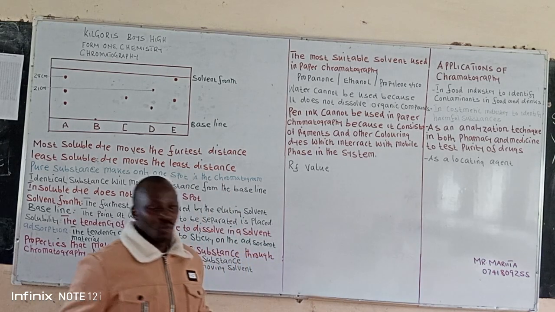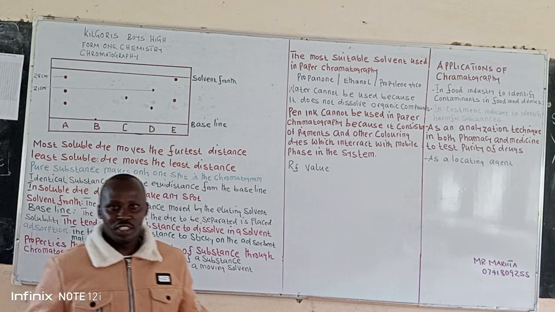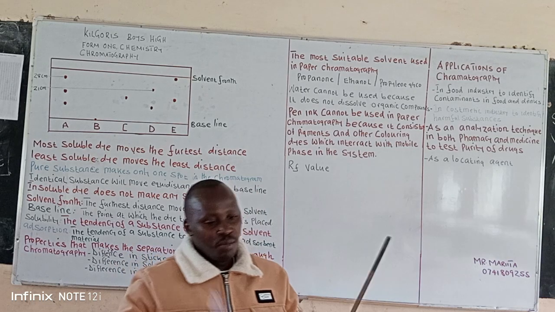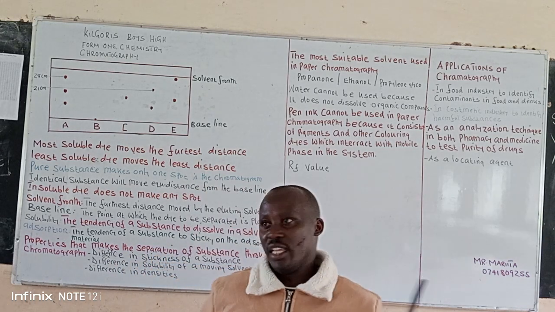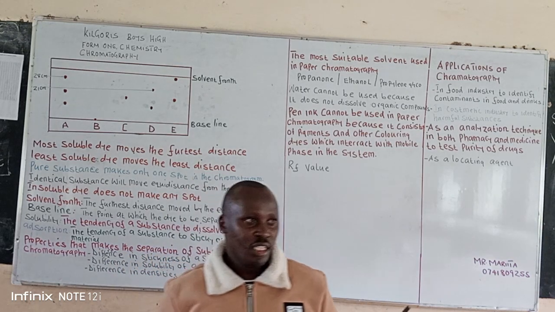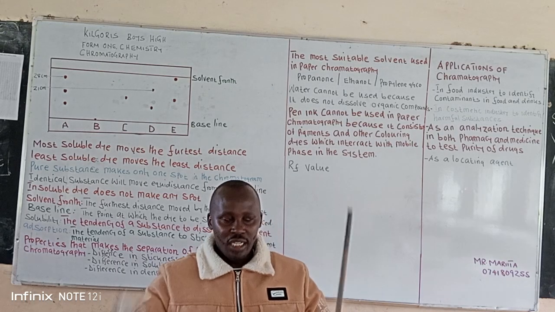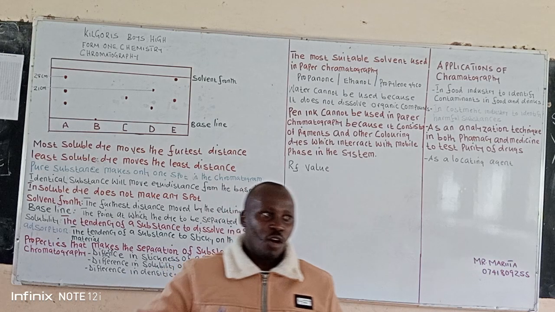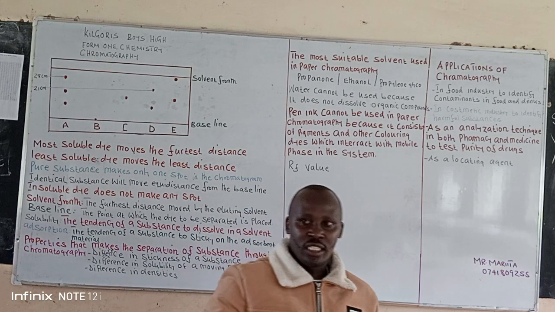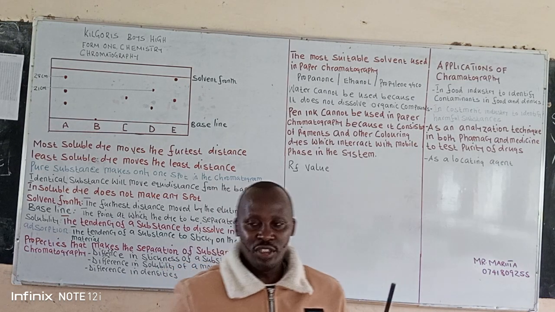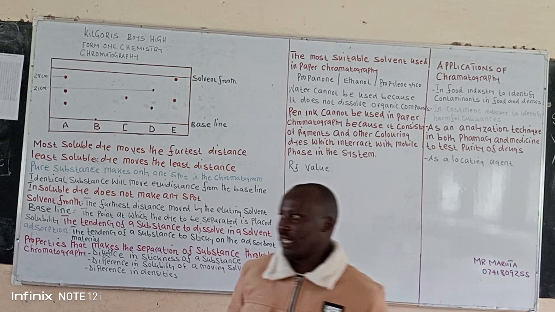One, you have to understand what the solvent front and the baseline are. In most cases in an exam, the diagram will be drawn, and a candidate or student will be asked to indicate or label the solvent front and also the baseline on the diagram.